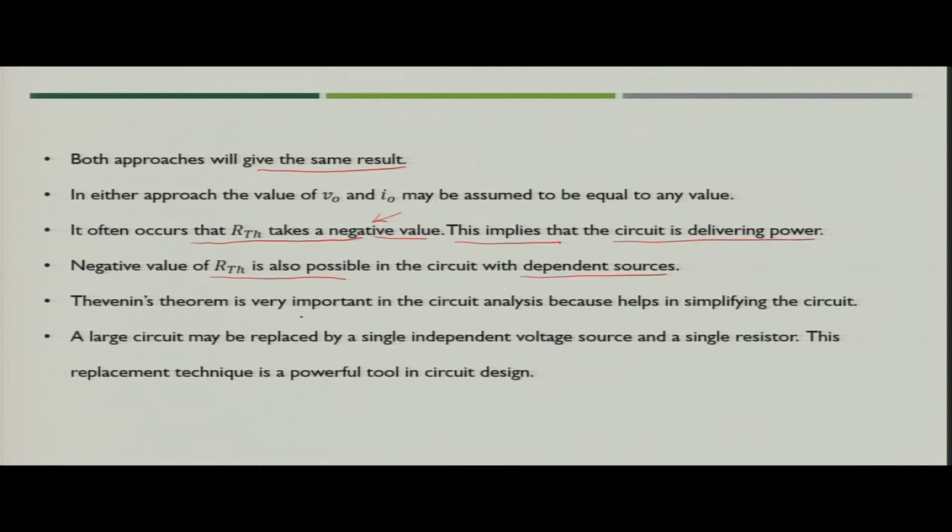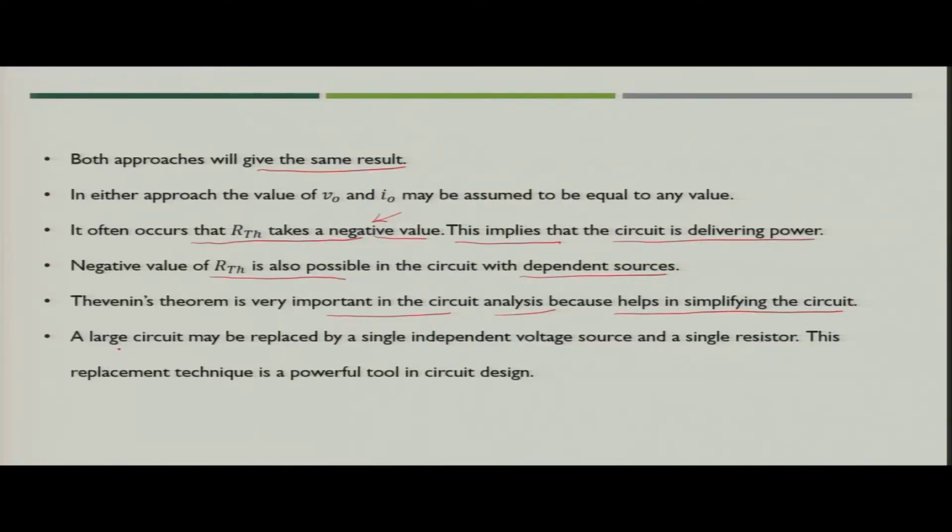Now, this theorem is very important in the circuit analysis. Why? Because it helps in simplifying the circuit. Whatever the larger network outside the area of your study is, you will simply replace that network with the Thevenin equivalent, that is VTH and RTH, and you will use that equivalent circuit to analyze the circuit which is of your interest.